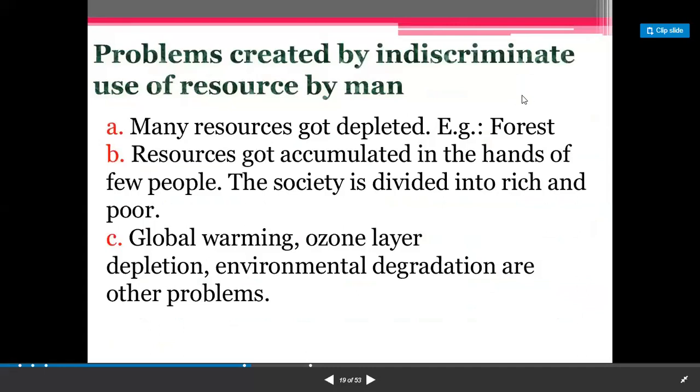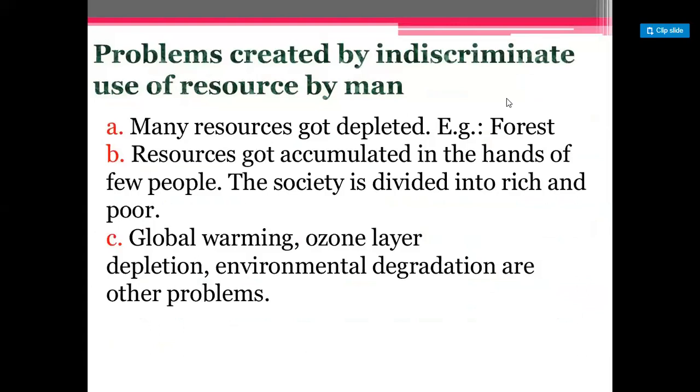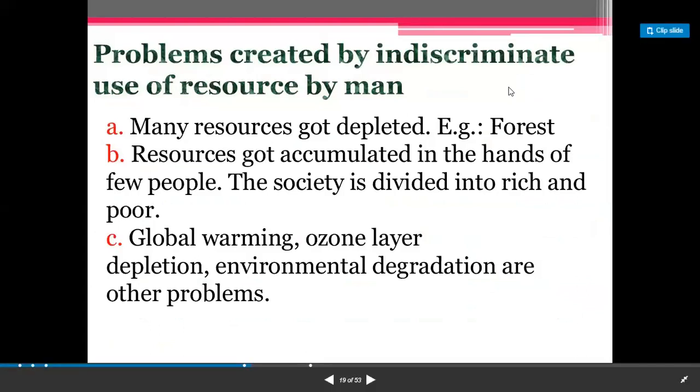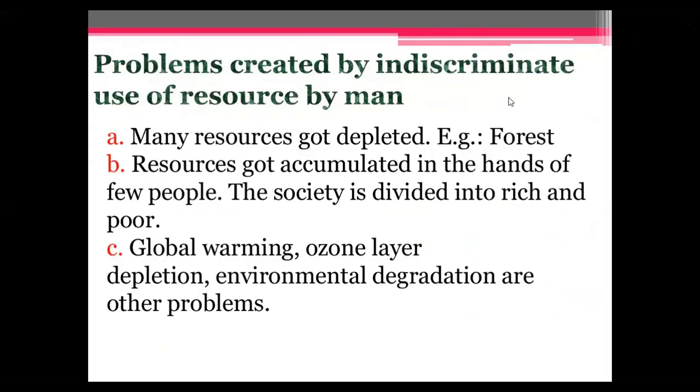Next, after that, what are the problems? Problems related to the use of resources by man. Many resources got depleted because we are now living in a world where there is not only utilization of resources, but the exploitation of resources by human beings, and concentration of resources in few hands.